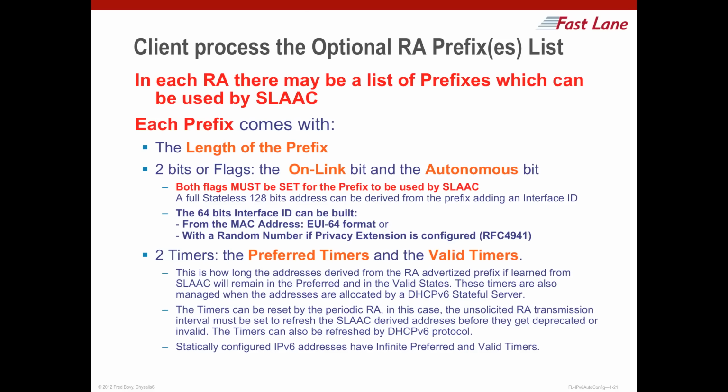So again, each prefix has 2 bits in the flag, the on-link and the autonomous bits. Basically, both bits must be set if you want the address to be used by stateless address autoconfiguration.